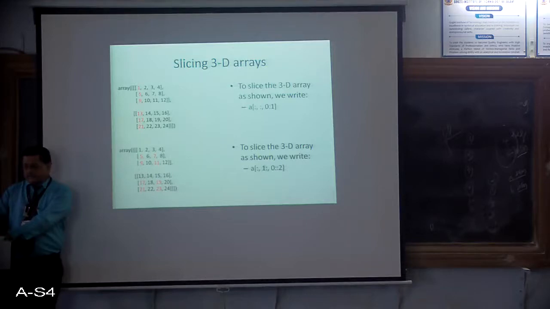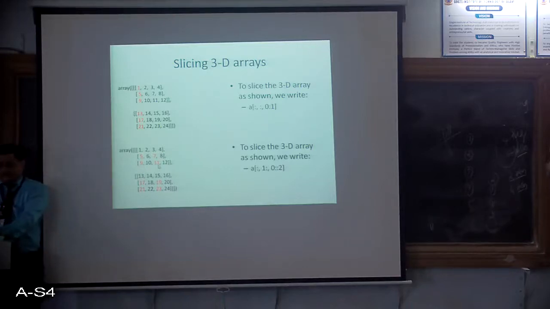So second is at index 1, and colon means all the remaining rows. And the last one is colon, colon 2, that is 0 till the end in steps of 2, that is retrieve this, step by 2, retrieve this, and so on.